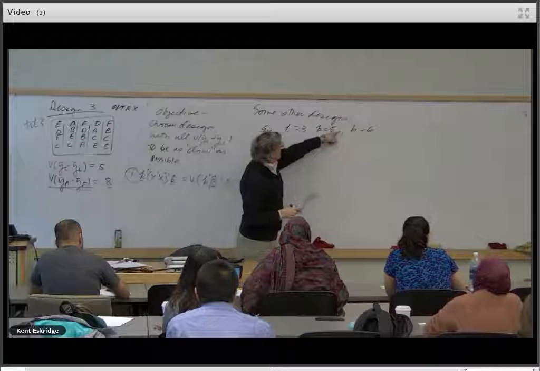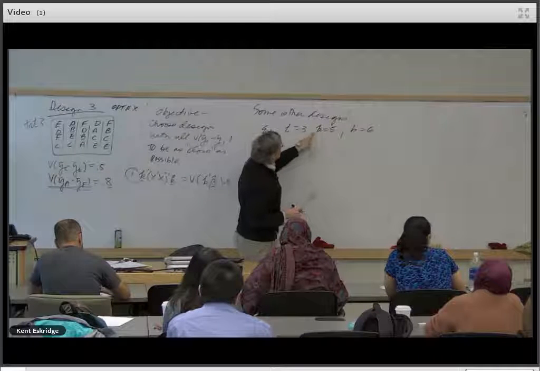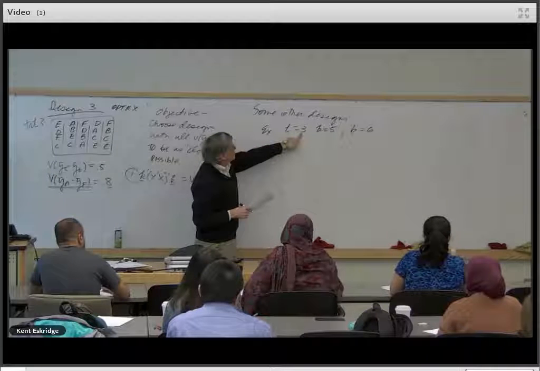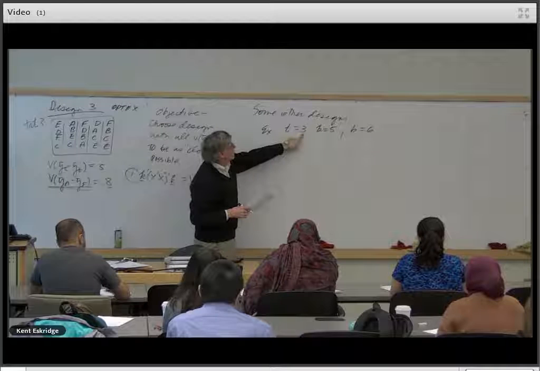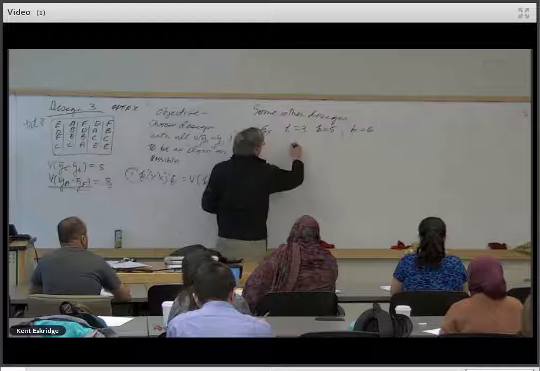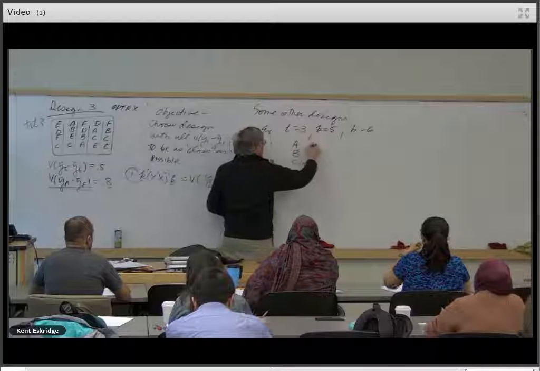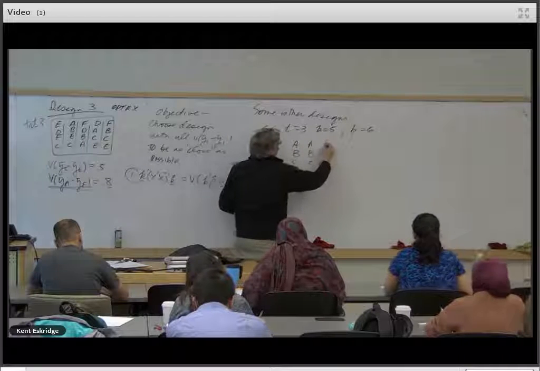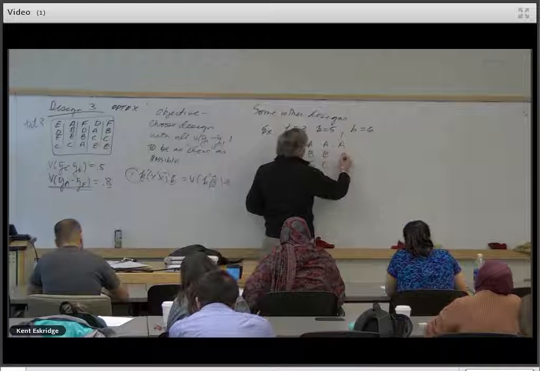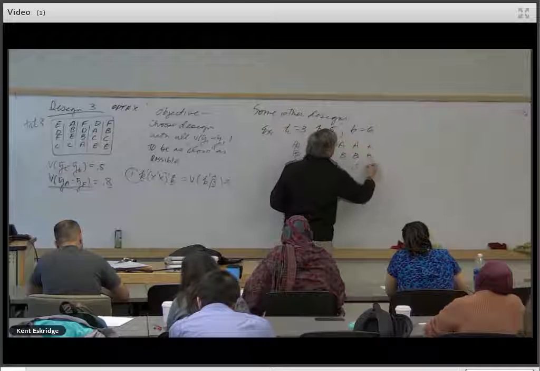If I have a complete block with 5 experimental units in a block, that means you're going to have more treatments showing up in a block than one for all of them. So what can I do? Well, first of all, let's do the complete block design. So this would be block 1, block 2, unrandomized, block 3, block 4, block 5, and block 6.